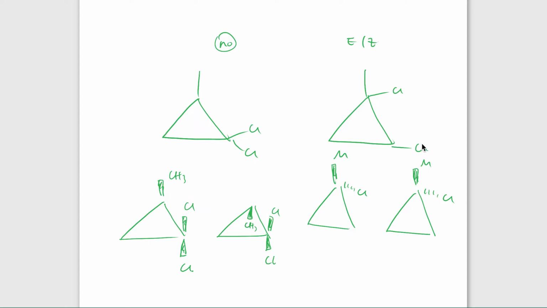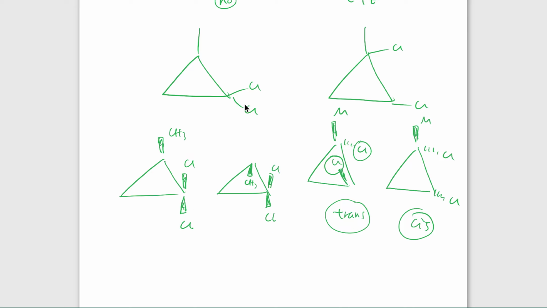For the last chlorine there, if this chlorine comes up, you can see that's a trans, because one chlorine is coming up, one chlorine is going down. And if this chlorine goes down, they both go down, so that's a cis isomer.